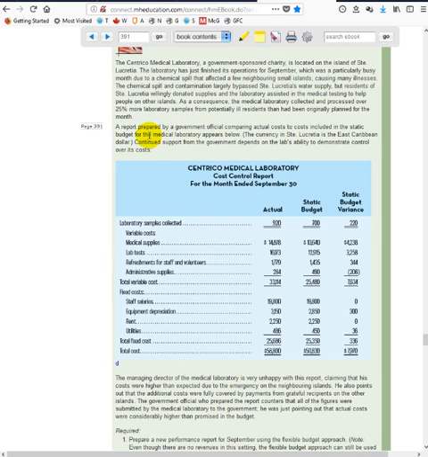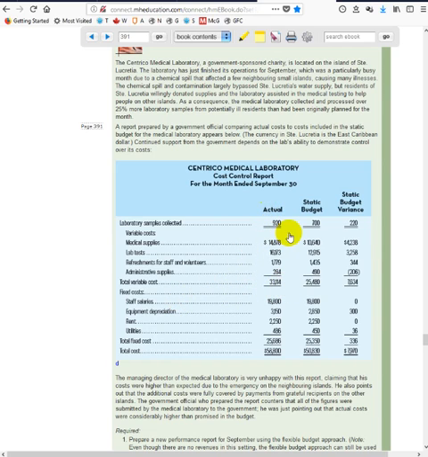A report prepared by a government official comparing actual costs to costs included in the static budget for the medical laboratory appears below, and the East Caribbean dollar results show that it's not very good news because your budget variance is well above the costs that you're expecting.